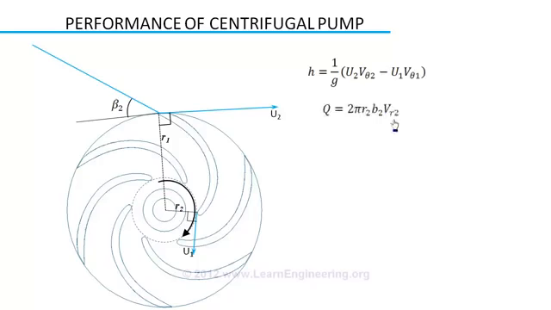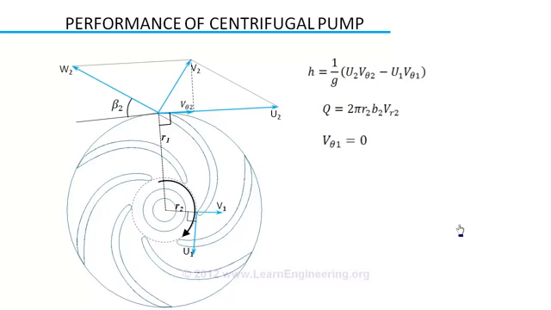Now construction of the velocity triangle is easy, you can draw lines parallel to these velocity components. Absolute velocity of flow can be drawn like this. From this we can find out the tangential component of flow velocity. At inlet of a centrifugal pump, flow velocity will be radial, so the tangential component of velocity is 0.